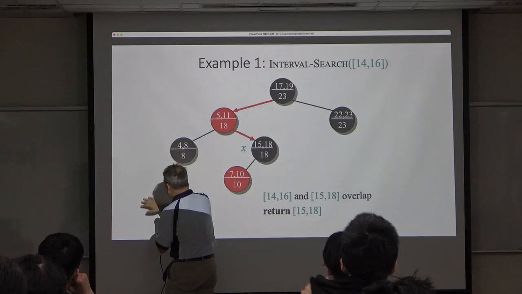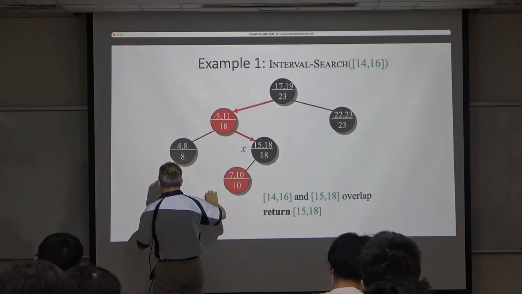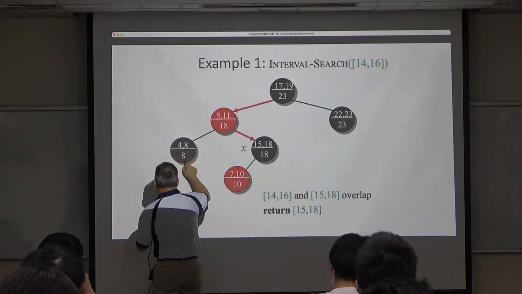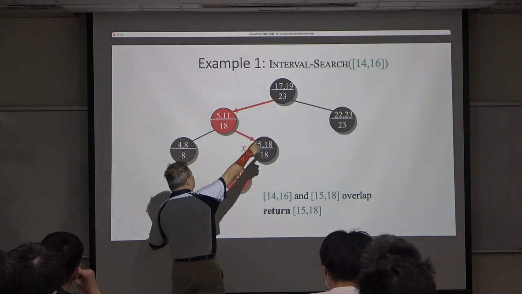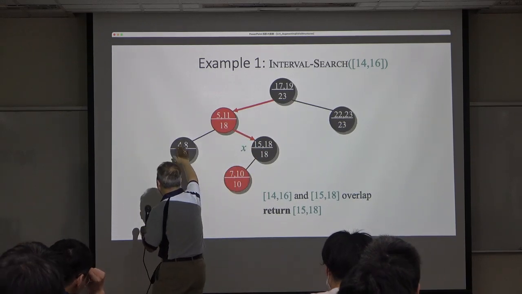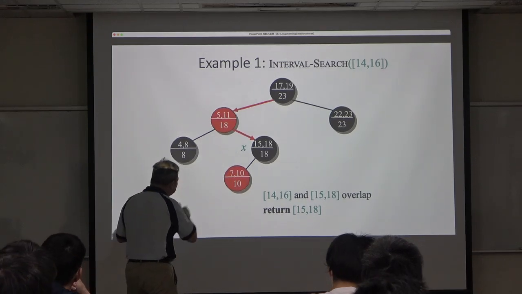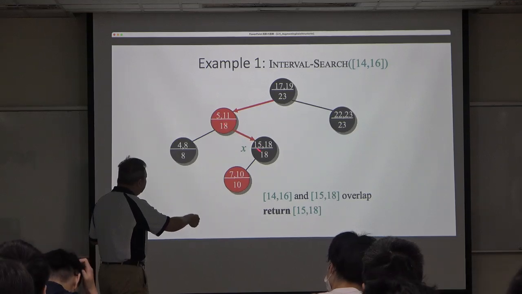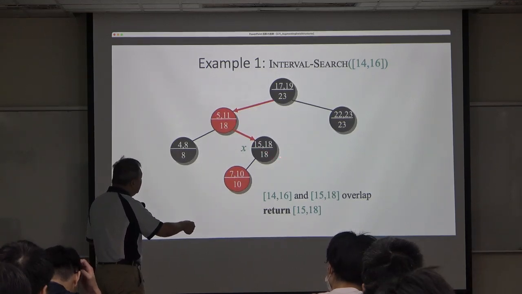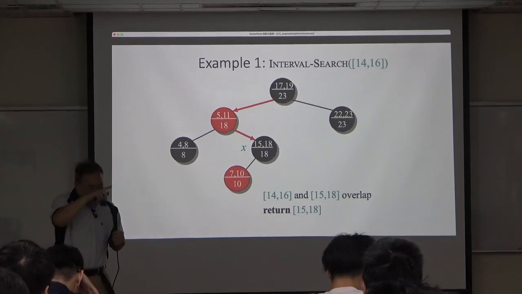Any interval stored in this subtree has a right endpoint of at most 8, so it is impossible for any of them to overlap with the query interval. That's why we take the right-hand side, and so on. So there are only these two cases.